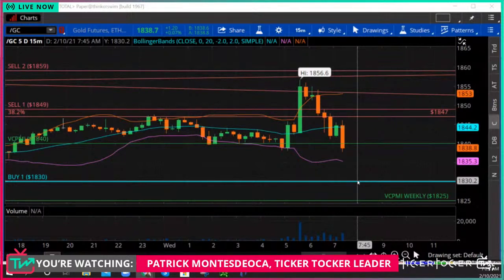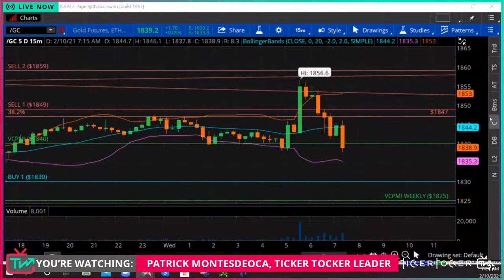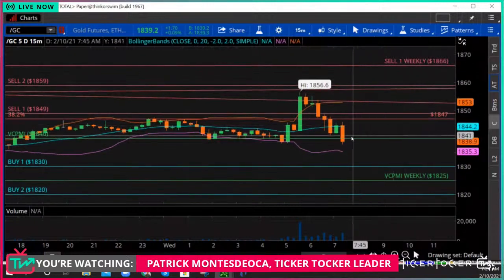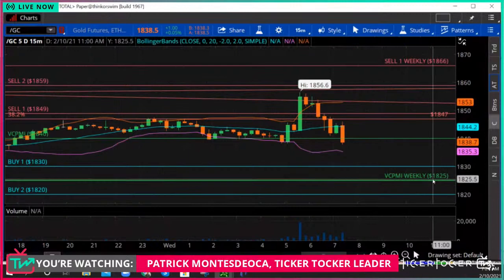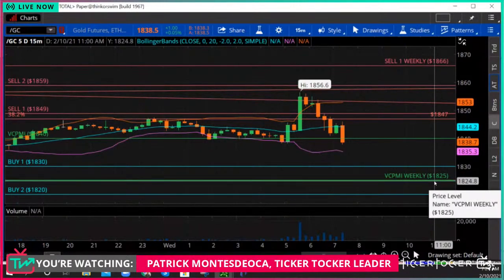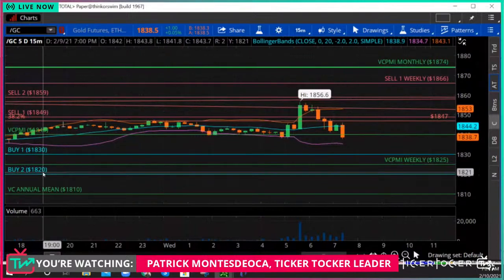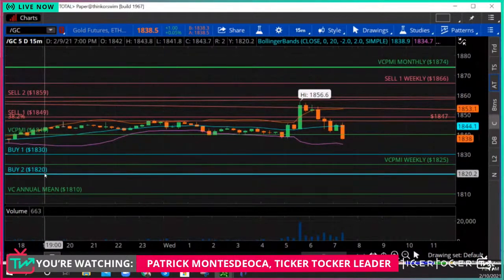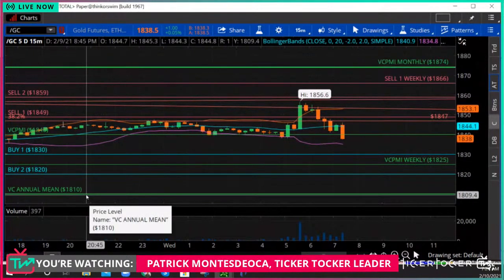This is the first level of the extreme below the mean of 1840 on the daily. And right underneath, we have the weekly 1825, 1820 daily, and the annual average of 1810.